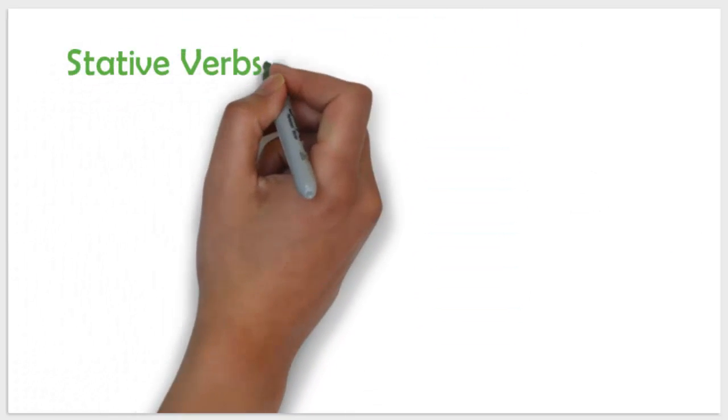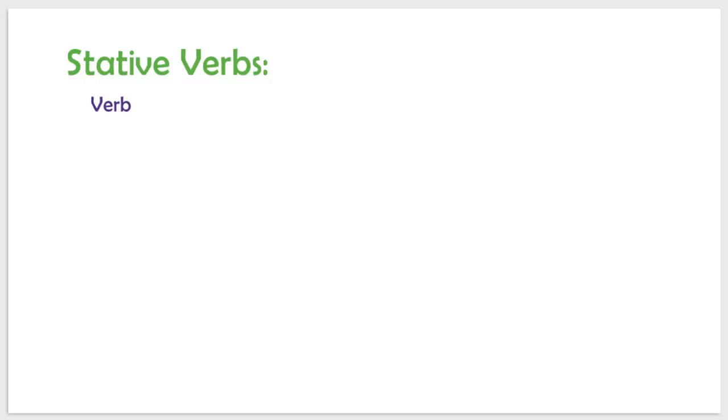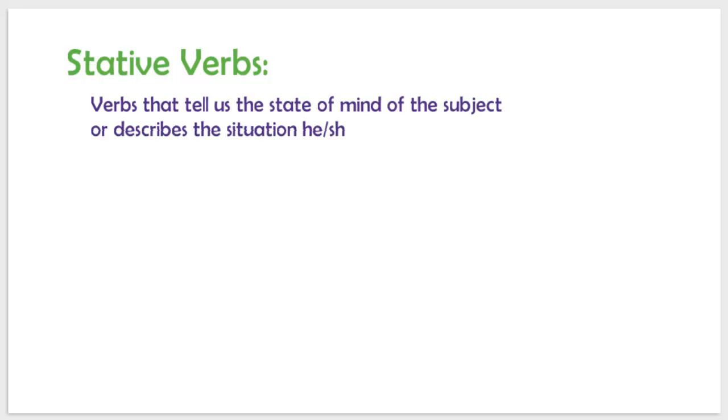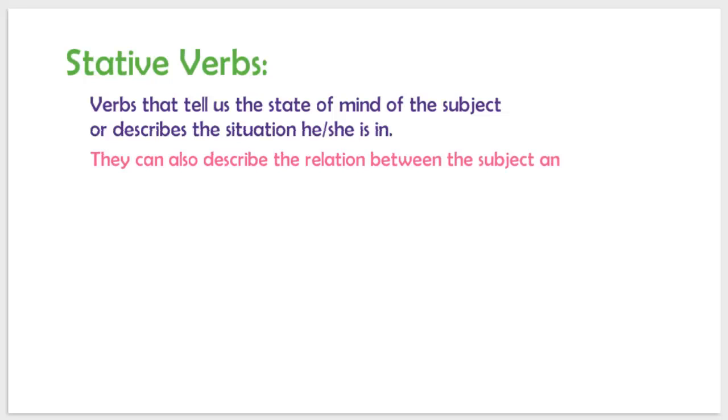Now, let's learn what stative verbs are. These are the verbs that tell us about the state of mind of the subject or describe the situation he or she is in. They can also describe the relation between the subject and the object.